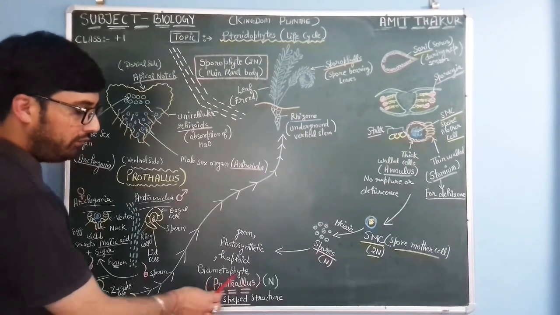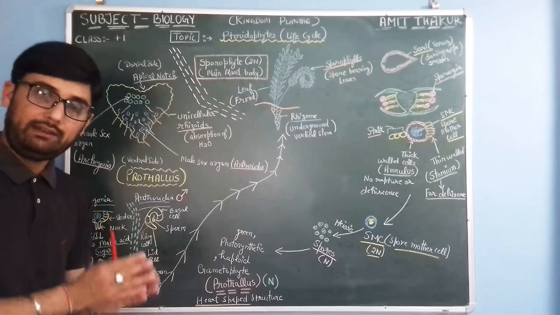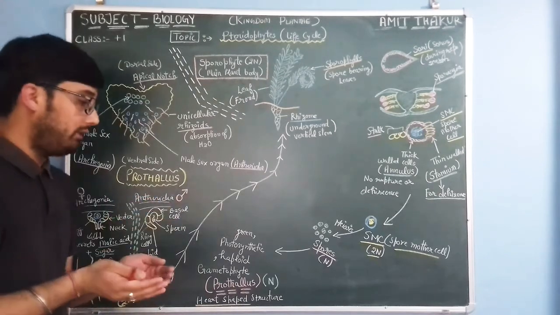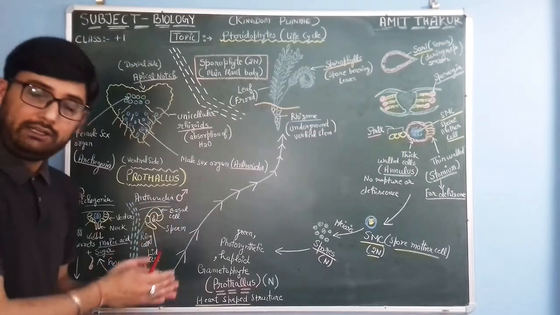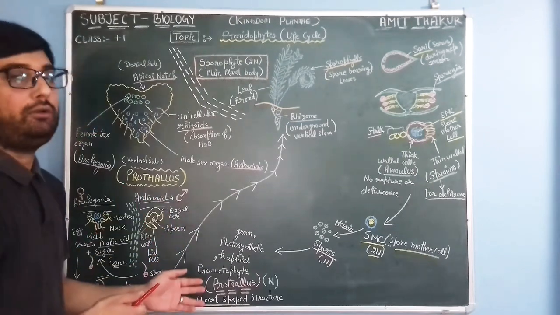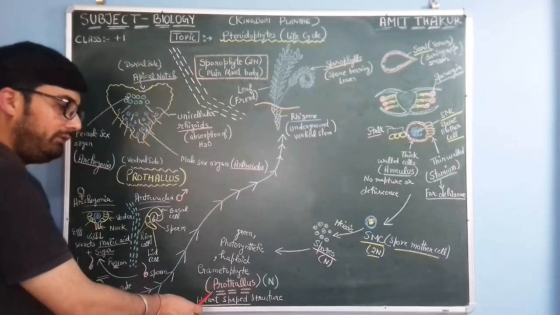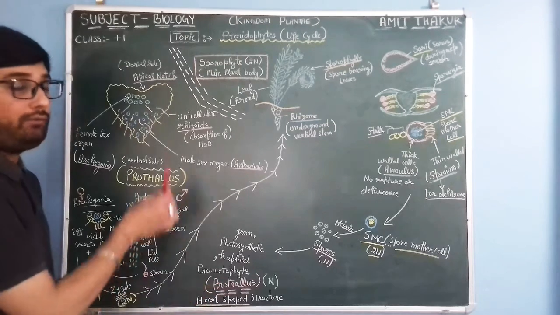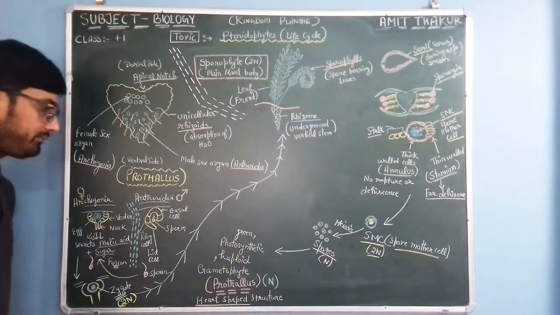This prothallus is a heart-shaped structure. It is green because it is photosynthetic, it is haploid, and it is a gametophytic body. So this prothallus, or gametophytic body, which is haploid, is developed from spores after germination.